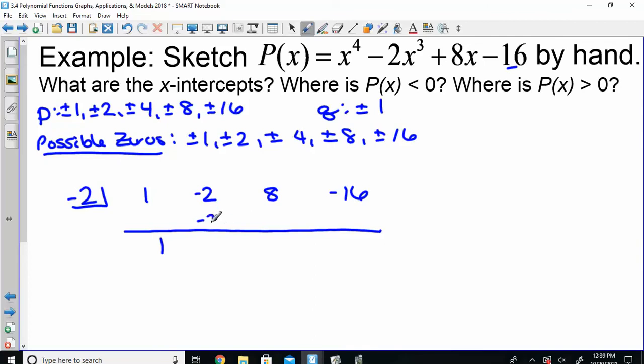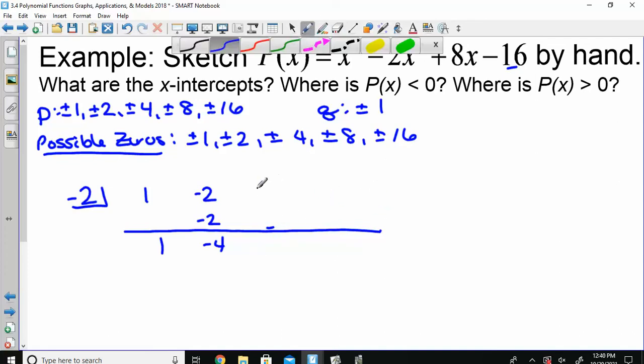So 1 comes down, multiply, we get -2, add, get -4, multiply 8. So we had to put in 0. Yes, thank you. Did not have my x squared.